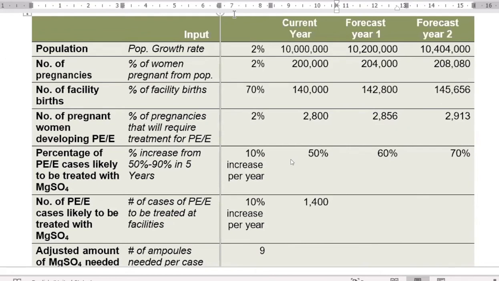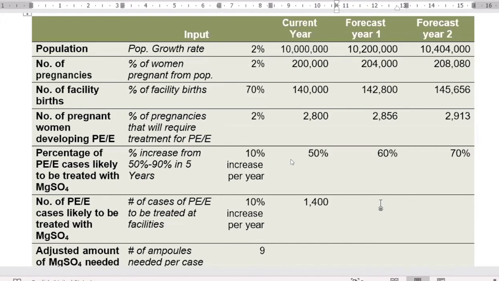The other value, 60% of 2856. It's 1,713. Hello? 1,714.